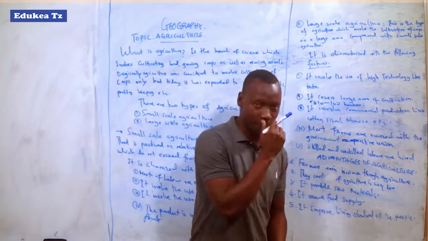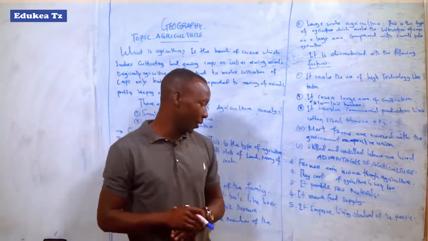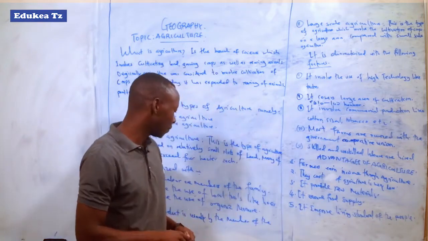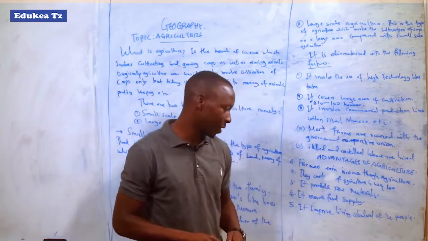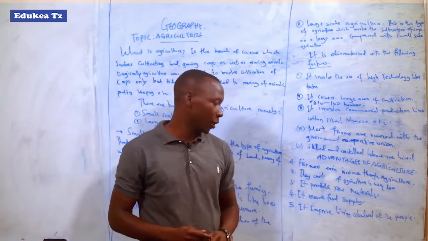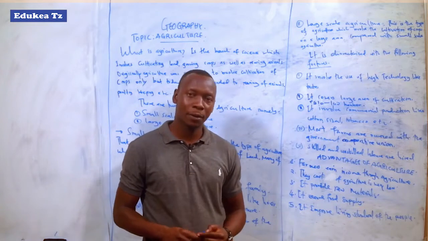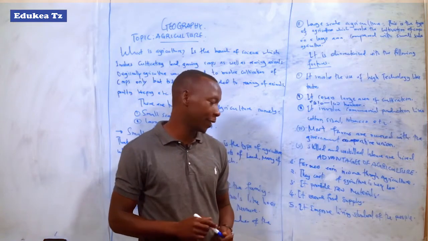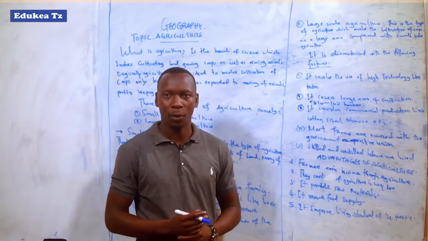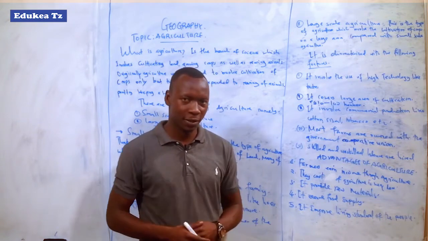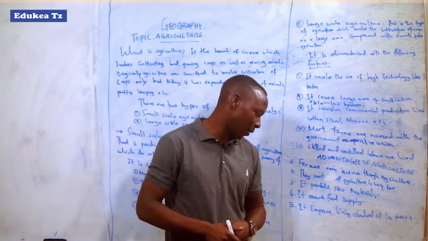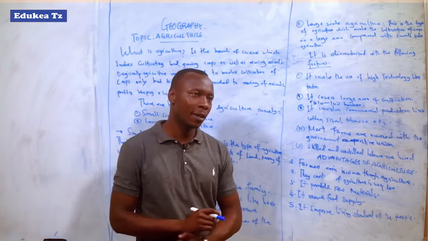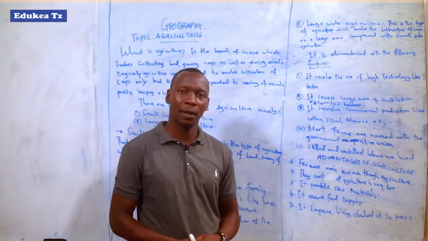It ensures food supply. For example, in small-scale agriculture, we have said according to the features that food is obtained from this type of agriculture, whereby the members of the family cultivate to get food so that they can survive in their families. So through that, agriculture ensures food supply at the family and the national level.